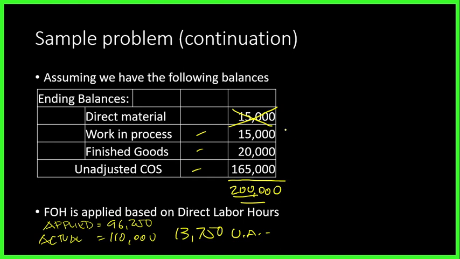We will have 15 over 200, this will be 20 over 200, and this will now be 165 over 200. That's our ratio. This is as good as 7.5%, this will be 10%, and when you divide this, it will be around 82.5%.